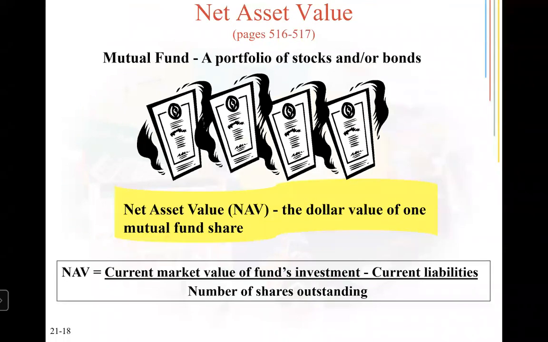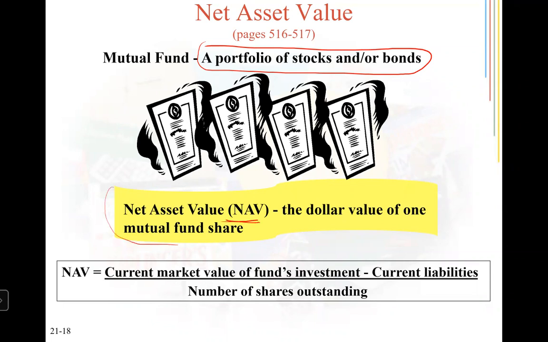Okay, so with mutual funds, we don't have many calculations per se. We just need to be aware of one or two things with the mutual fund, that the mutual fund is a combination, a portfolio of stocks and or bonds, okay? And one of the key things to know about the mutual fund is what the net asset value is.